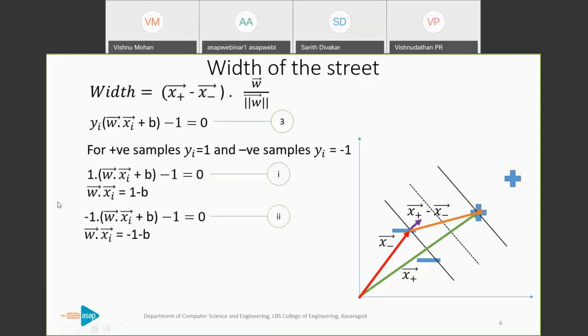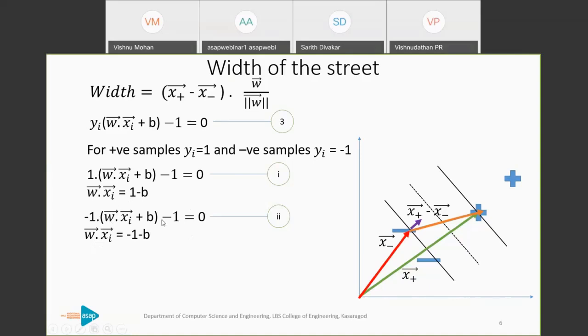Now let us do it for the negative samples. When I do it for the negative samples, I'll multiply it with -1. So you multiply with -1 over here, and you'll be getting w dot xi. You can take w dot xi to the other side.